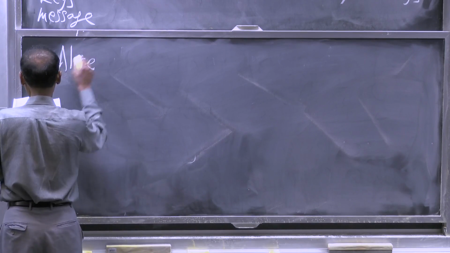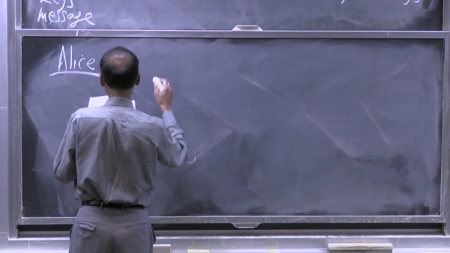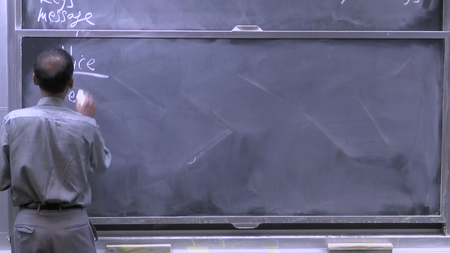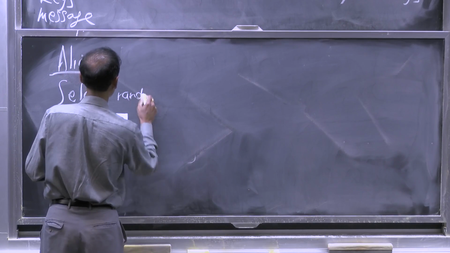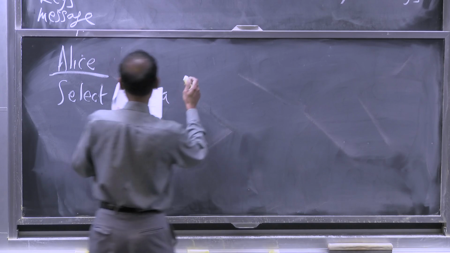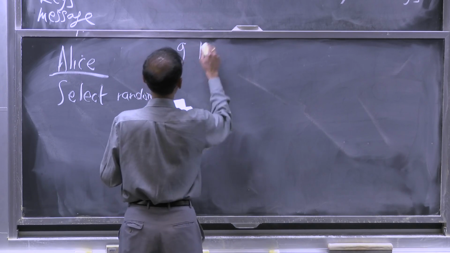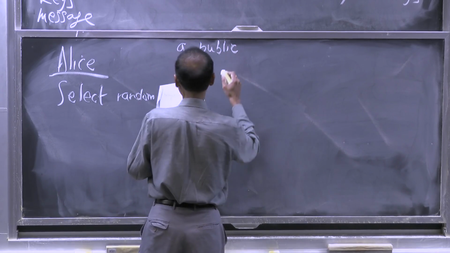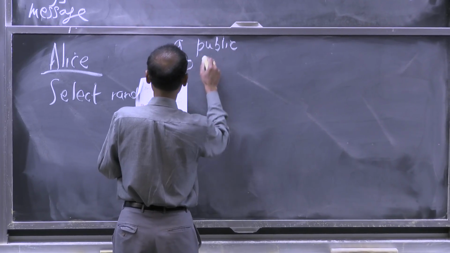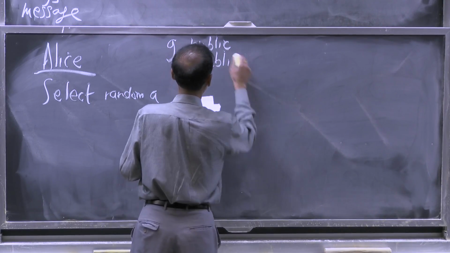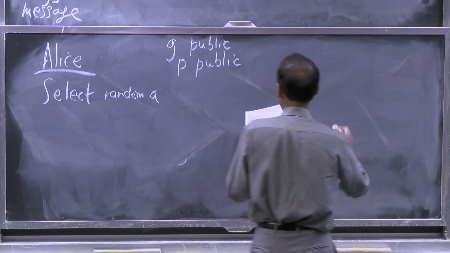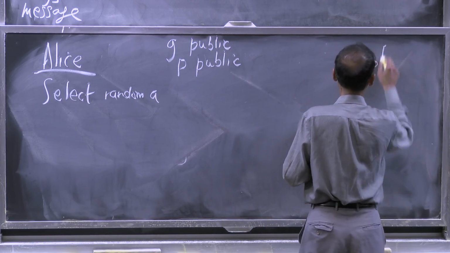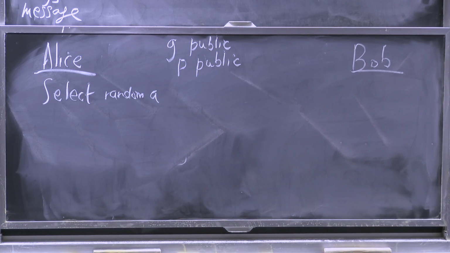Alice is going to select a random A, and we're going to assume that G is public. Alice can see Bob from her house, so she shouts out G and shouts out P. They're all public. She doesn't care if the pirates can hear this.